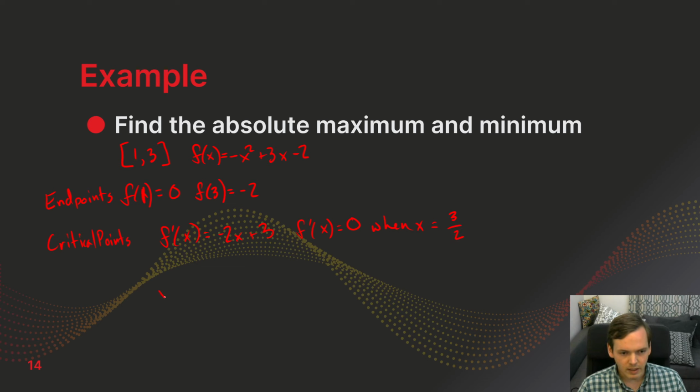So then f of 3/2, plug it back into the original function, and that will give us 1/4. So now we're going to compare all of those, 1/4, 0, and -2. So this is our global max, and this is our global min.